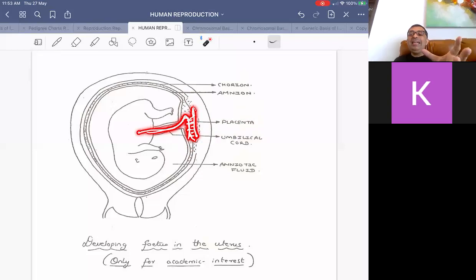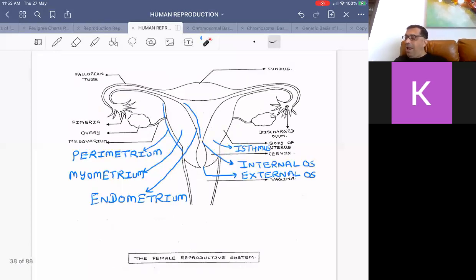So who's the connecting link between the mother and the fetus? This bag called the placenta and the umbilical cord. This placenta is attached to your endometrium.